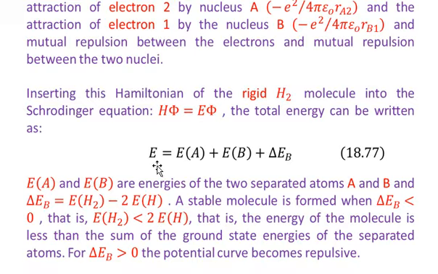So E, the total energy of the hydrogen molecule, is equal to E of A, the energy of the hydrogen molecule due to nucleus A, plus the energy due to nucleus B, plus delta E.